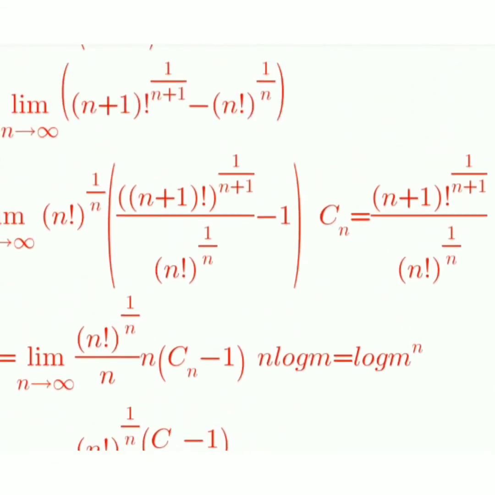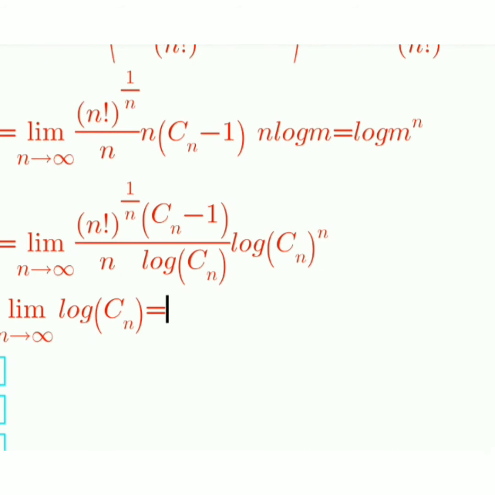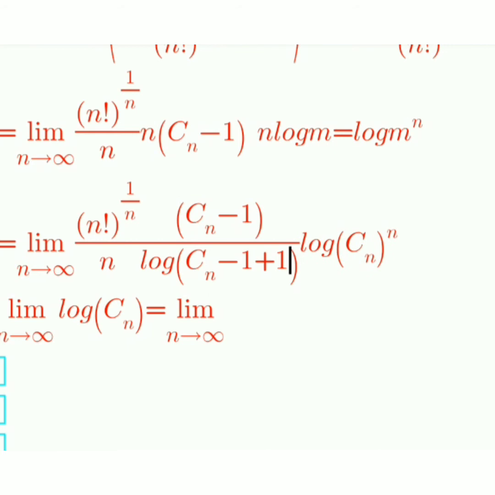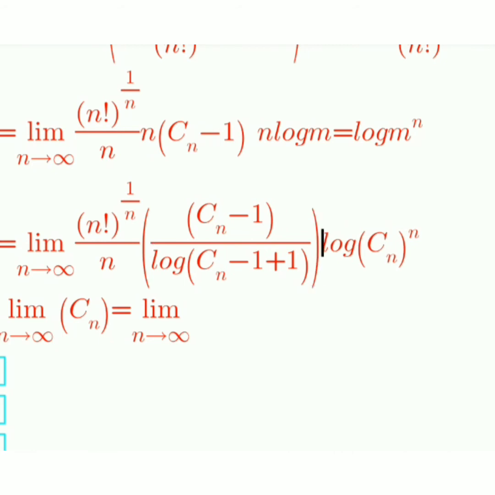This is the Cn value. I think that it is not log of Cn. I think it is the limit n tends to infinity Cn values. I have to put log, not Cn values. So limit n tends to infinity Cn, and we get a product form. This is the one after the product.